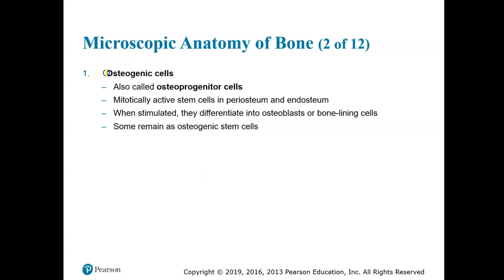Osteogenic cells can also be called osteoprogenitor cells. That means they're actively dividing, actively undergoing mitosis, and you can find those in the periosteum and the endosteum, the outer and inner lining of bone.